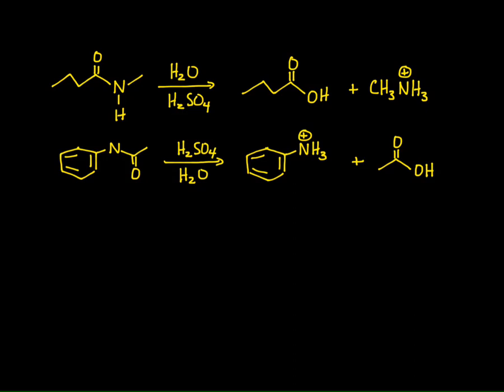It smelled like vinegar, and that's the acetic acid that was being liberated in the reaction. You may also remember that to isolate our product, we had to neutralize it with a base. And so we didn't want the aniline salt, we wanted the aniline itself, and therefore that would require us adding a base to neutralize the reaction conditions.